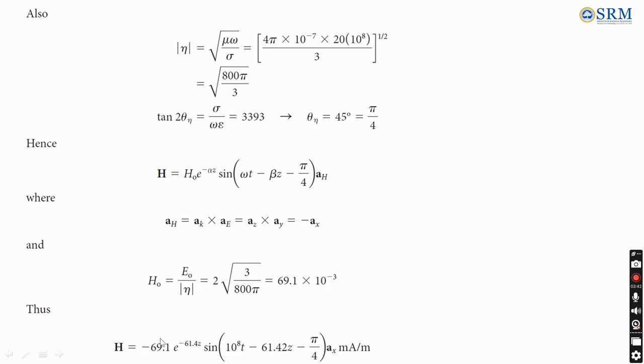Okay, the negative sign is given before. To find H naught, divide E naught by eta, we get this answer, and we substitute the alpha value, 61.4, that we found, and omega, which is already given, and beta is the same as alpha. Everything we substitute, and we write the answer in terms of milliampere per meter.